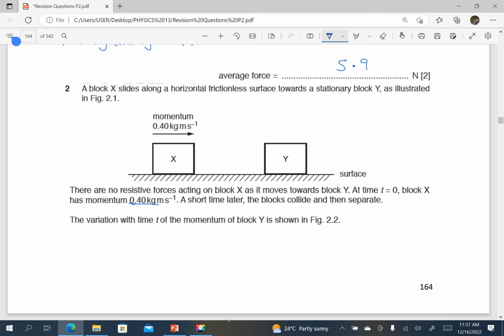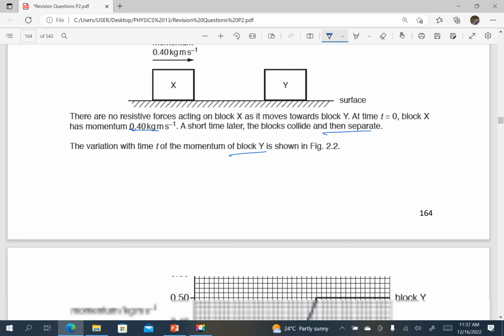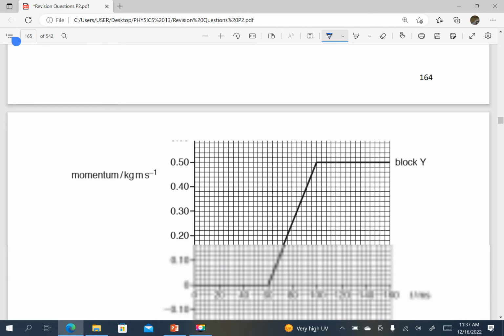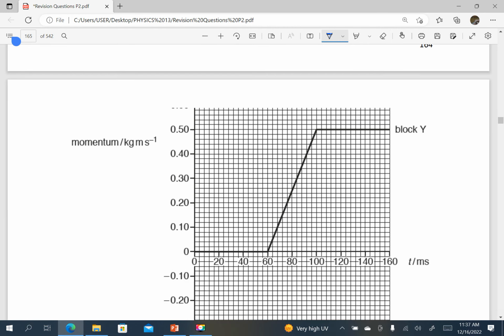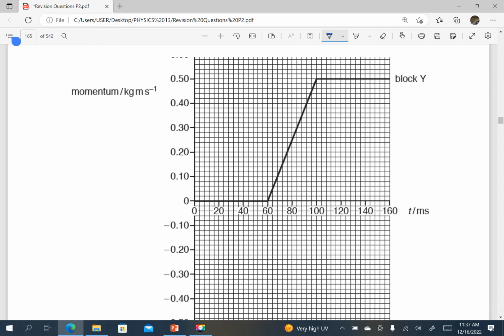A short time later, the blocks collide and then separate. The variation with time t of the momentum of block Y is shown here. Of course, this graph should start from 0 because Y was initially at rest.